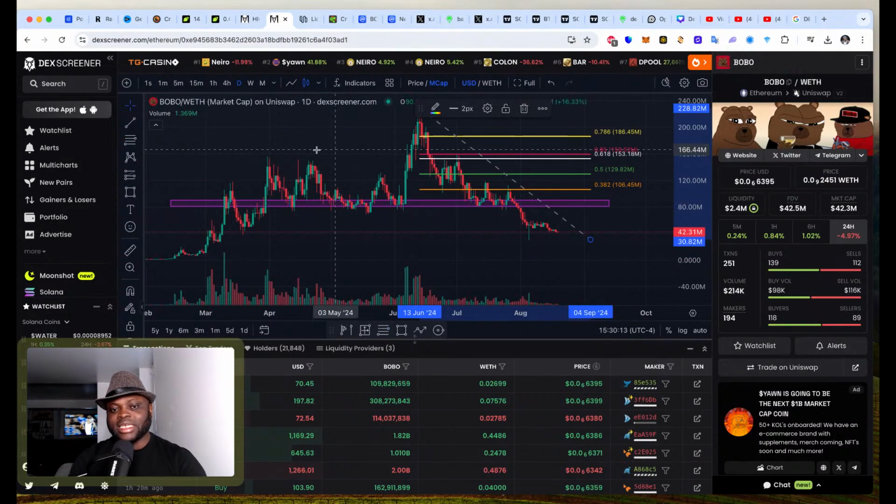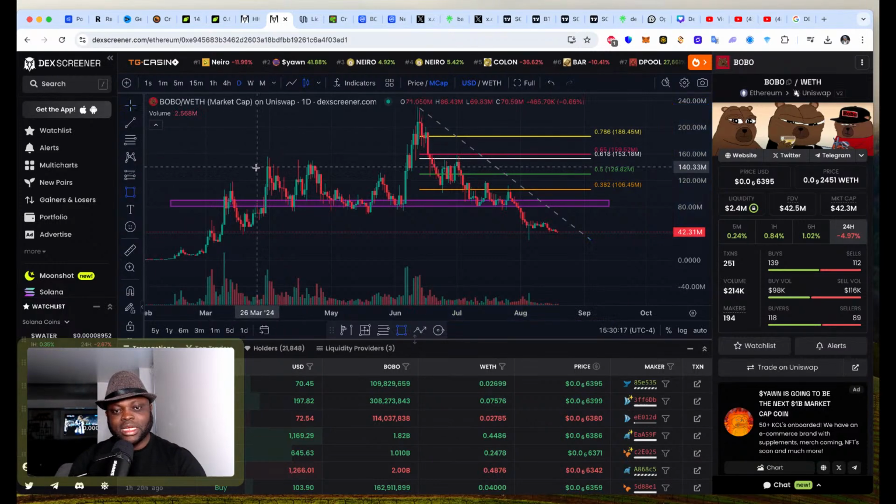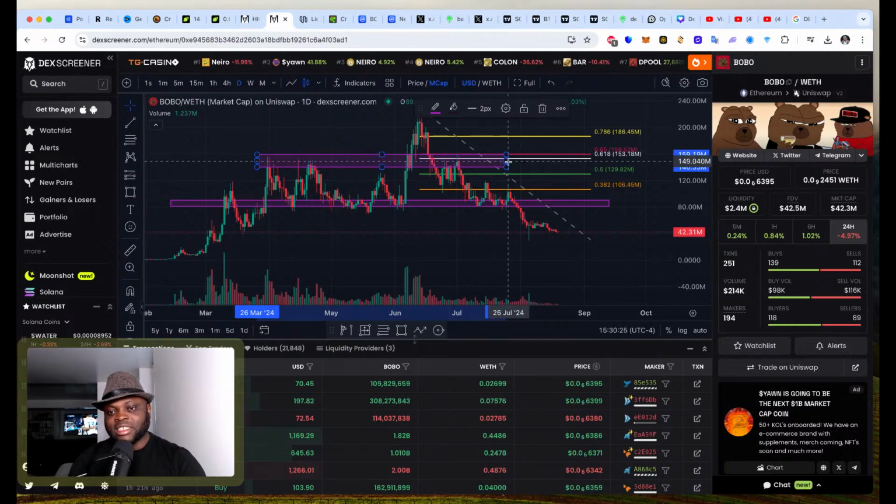The golden pocket is at this area where price has created a resistance zone. Yeah, this is a cool resistance area, and you can see clearly that price rejected that area multiple times. So if you're buying this coin here, you have multiple zones that this coin might go to. The first area where you might expect some sort of reversal or pullback is around this yellowish area, the 0.382 zone.